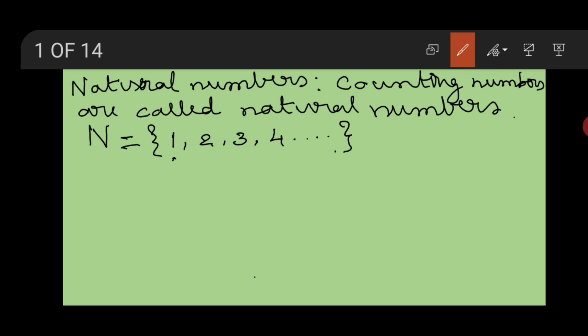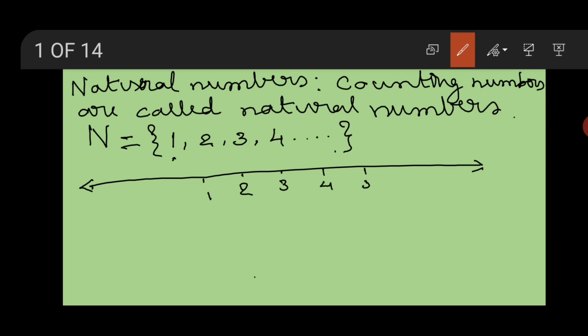Right? Now, how can you represent these natural numbers on number line? 1, 2, 3, 4, 5, 6 and so on. These are all natural numbers. Next, let us see what are whole numbers.